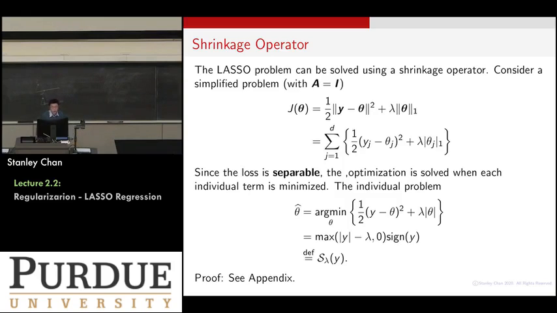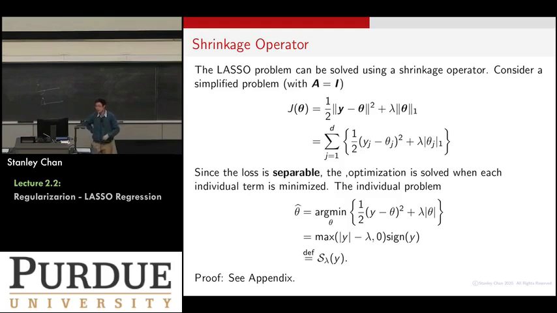Since this is a summation of individual terms, and all the individual terms are positive, non-negative, that means by minimizing individual terms, I can minimize the overall sum. Think about the sum of positive numbers. If each positive number is minimized, that means the sum of all these positive numbers will be minimized.